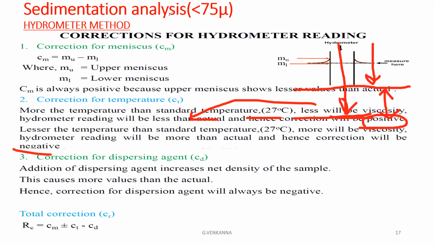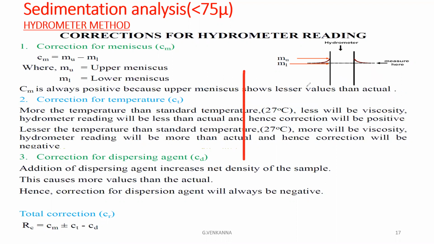Okay, once again I'm repeating. Due to the increase in temperature, the specific gravity of the liquid changes and the hydrometer goes deeper and deeper. But in the general condition, the hydrometer reading is in this position only.